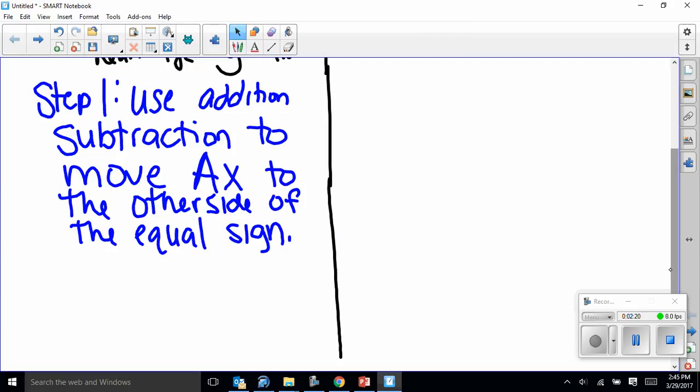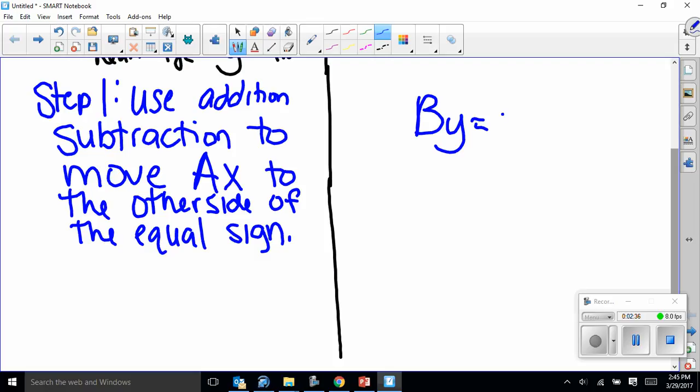So we'll use addition or subtraction to move it to the other side of the equal sign. All right, so that will give us by equals minus ax plus c, right?